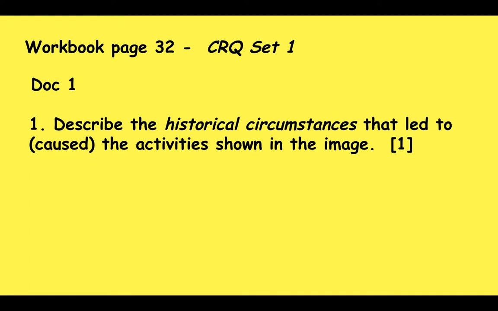Okay, so you are going to have to examine this image and tell me what is going on in that picture, what led up to it, and that's the historical circumstances. Okay, so stop the video and tell me what you can think of for this one. When you're ready to review, just press play.